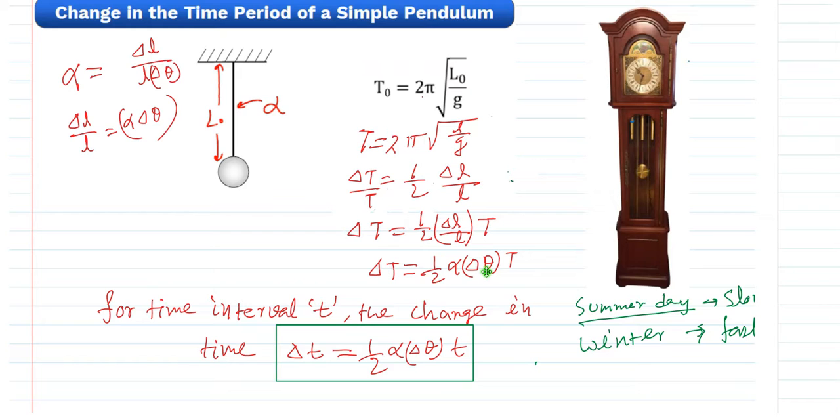So for a complete day, if the time interval is t, we can choose t as 24 hours, then the change in time del t will also be half alpha delta theta into t. There may be n number of oscillations in a day, then you can multiply n by delta T, and there will also be nT. n delta T means the change in total time of a day or time interval t, and nT will be the total time of a day or total time of the interval.